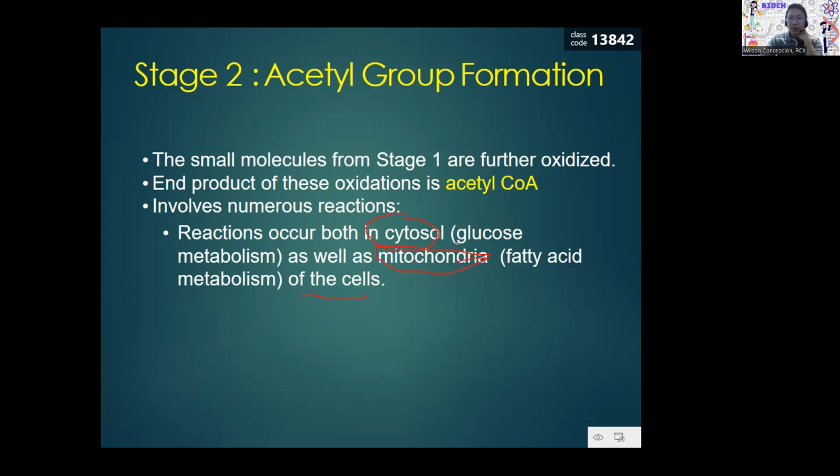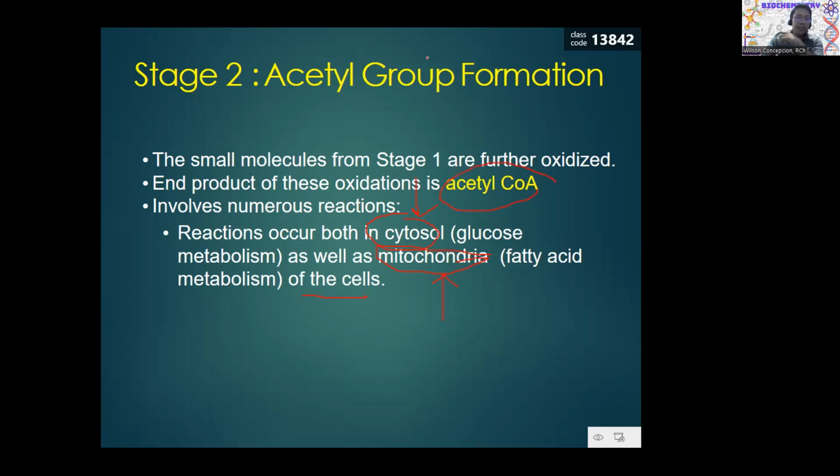So for glucose or carbohydrate metabolism, it occurs at the cytosol. For fatty acid metabolism, it occurs at the mitochondria. Yung acetyl-CoA formation. Ulitin ko. For carbohydrates, it occurs in cytosol, and for fatty acids, it occurs in mitochondria.